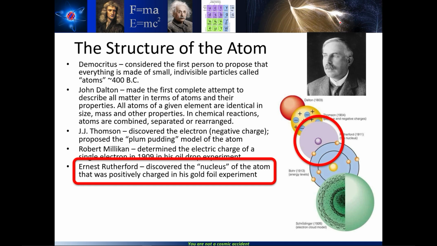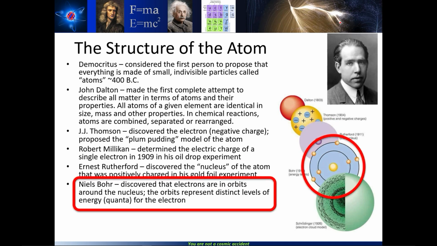But in his experiments, he discovered that there was this nucleus to the atom where all the positive charge sat. So J.J. Thomson figured out we got electrons. He knew there were positive charges, but Mr. Rutherford figured out that all the positive charges, the protons, were in the middle, which meant that the electrons were now in orbit around that nucleus.